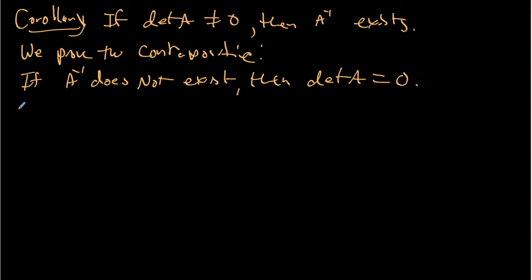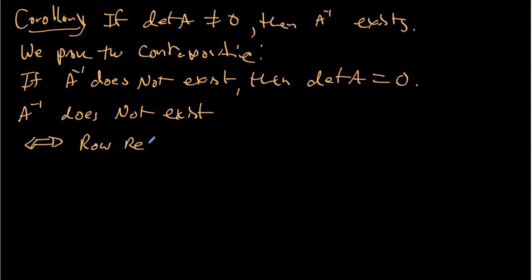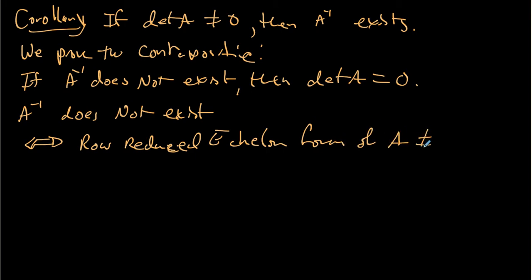Now, it turns out that A inverse does not exist means several things. In particular, it means that the row-reduced echelon form of the matrix A is not equal to the identity matrix.